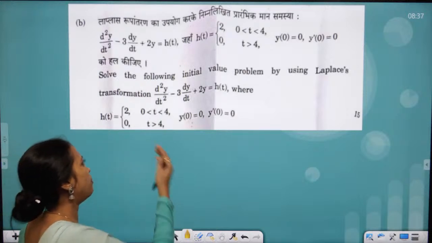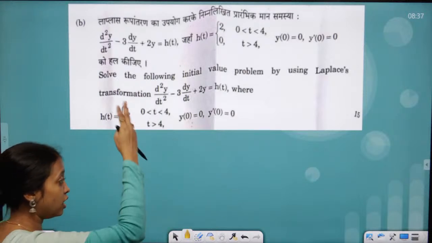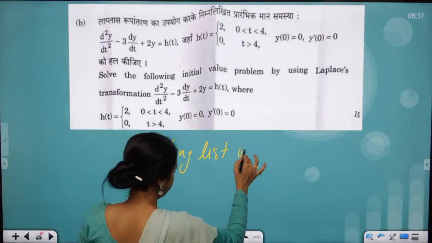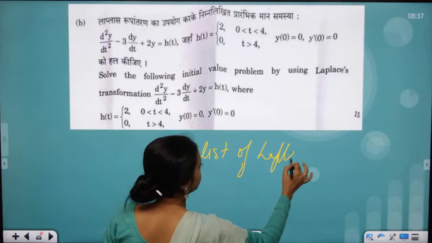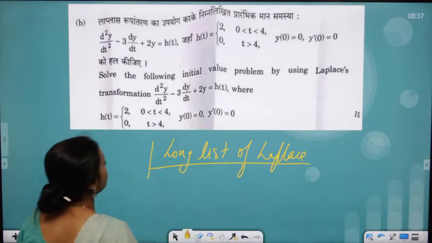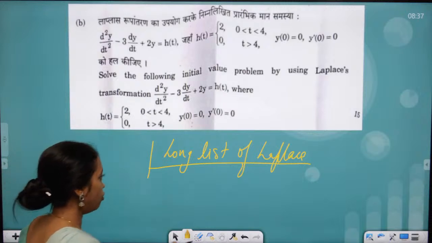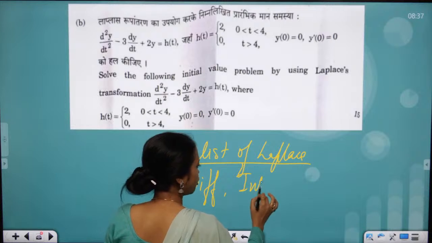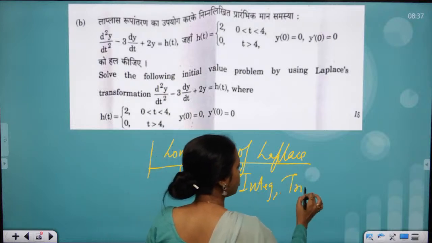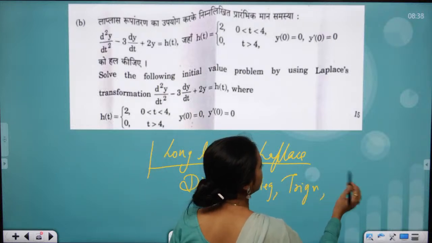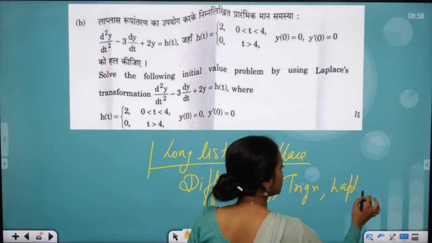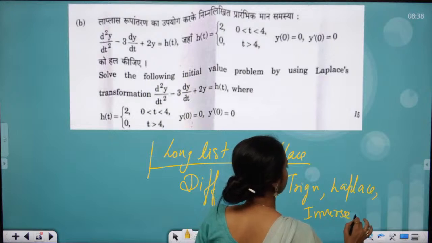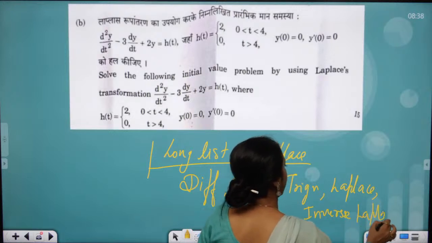For Laplace, you have to apply the Laplace on both sides. There is a long list of Laplace formulas. So basically, along with the differentiation formulas, integration formulas, and trigonometric formulas, you must have notes of the Laplace formulas and inverse Laplace formulas also.